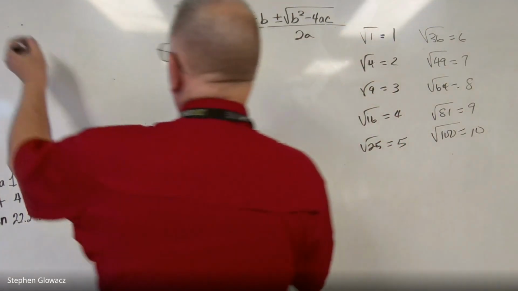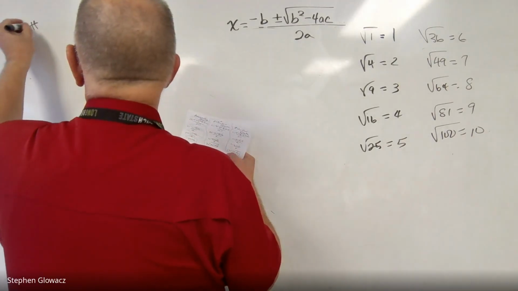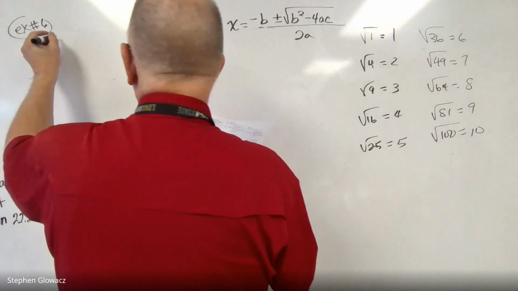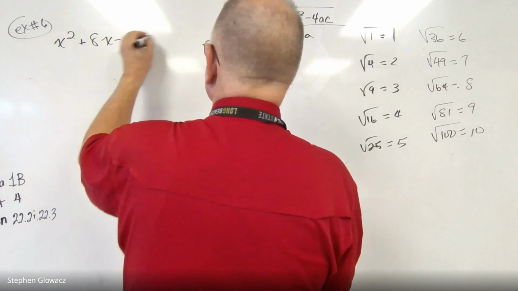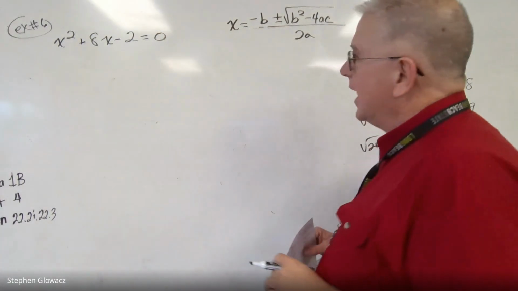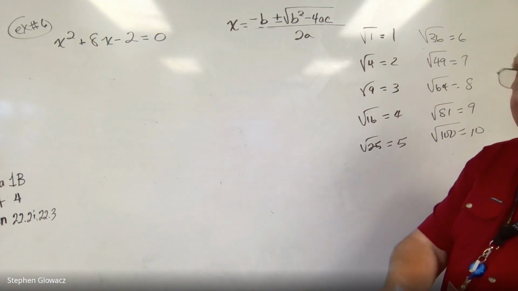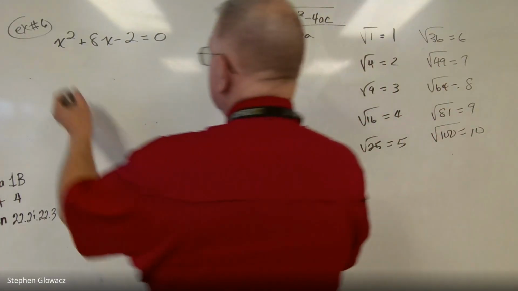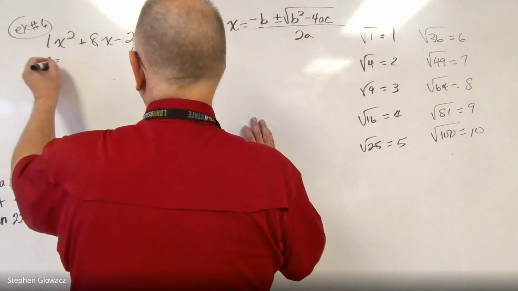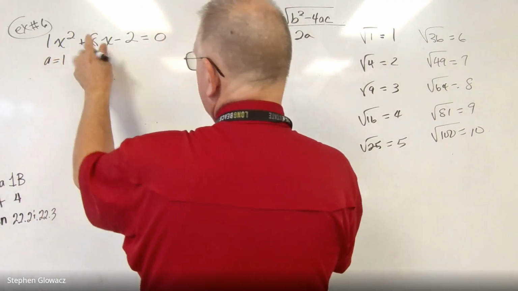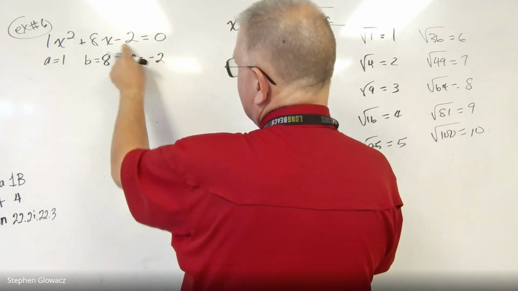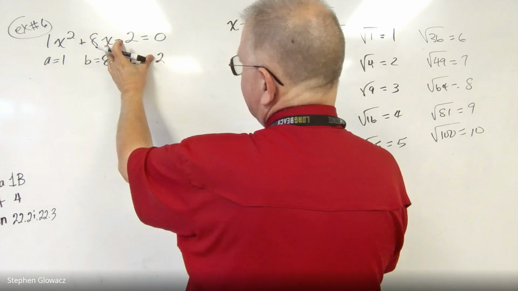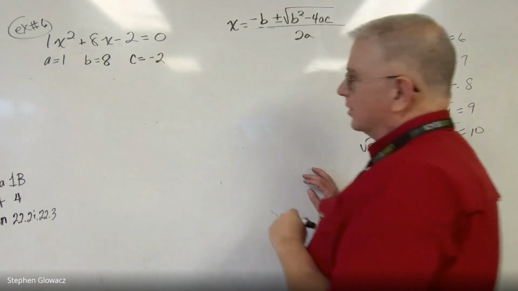All right, so for our next example, we have x squared plus 8x minus 2 equals 0. And so again, to start off, we're going to identify our a, b, and c. There's nothing there, so a is 1, b is the coefficient of x, b is 8, and c is negative 2. And again, if any of these are negative, don't forget to include the negative.